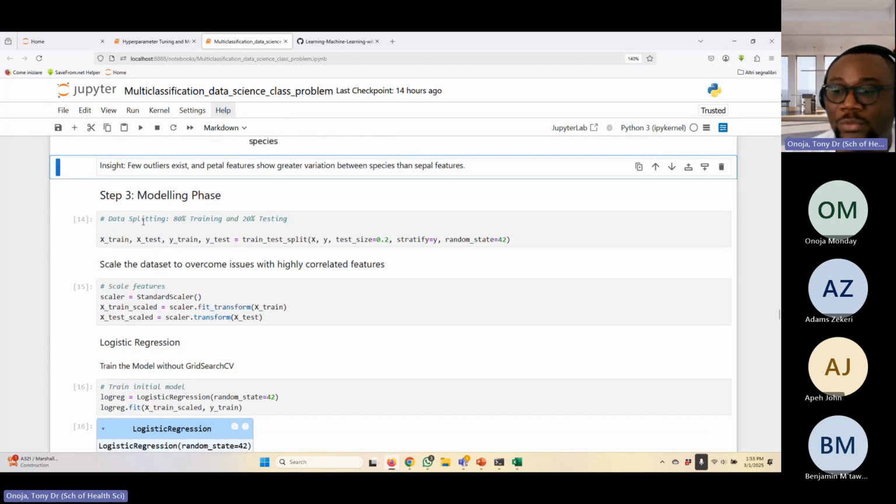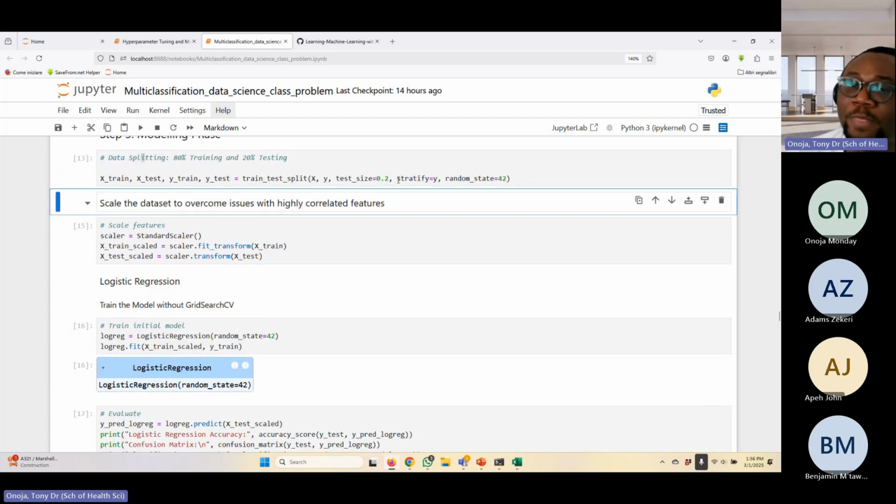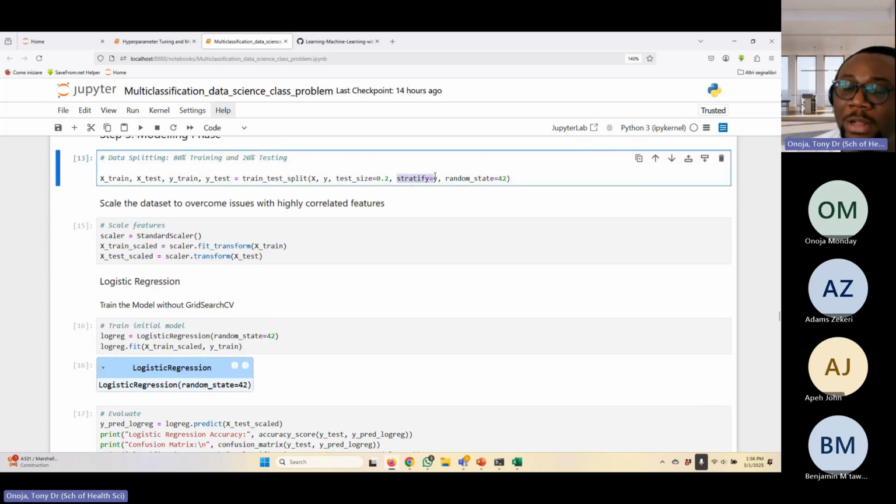Another thing now is to go to the modeling phase. The same way we did before, you separate it into 80% training and 20% testing. Now, I introduced something called stratify=y.